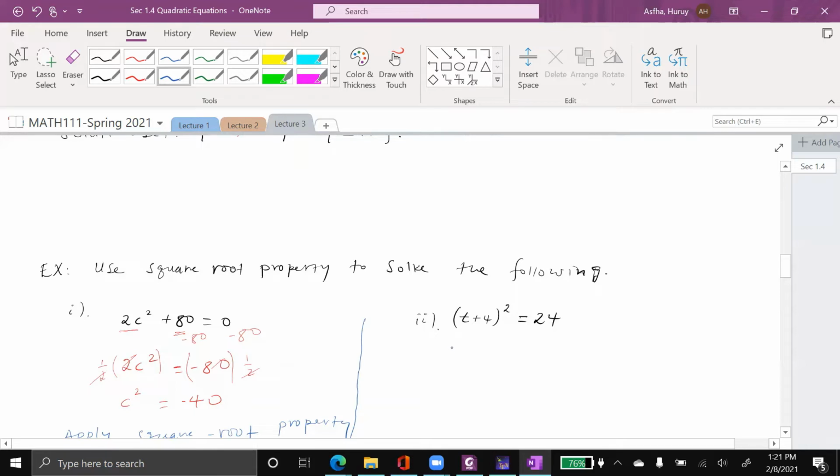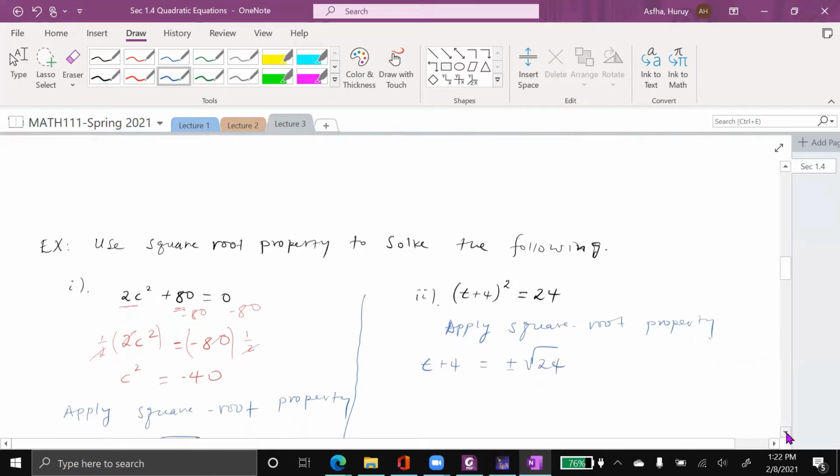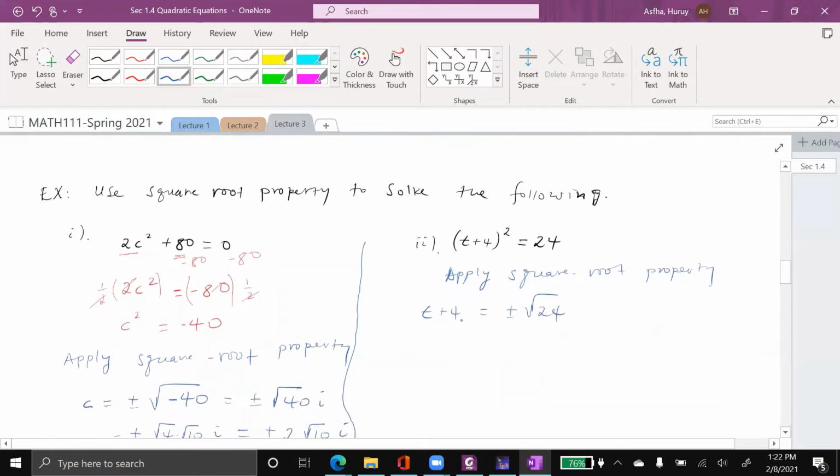Okay, so if this is the case, then by applying this, we get t plus 4 equals plus or minus root 24, right? And then we can simplify this one further.